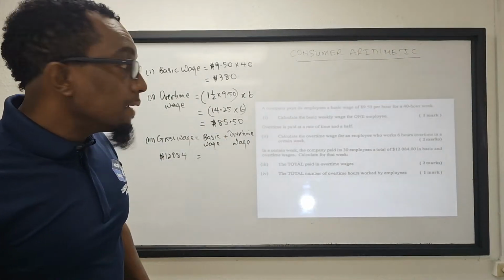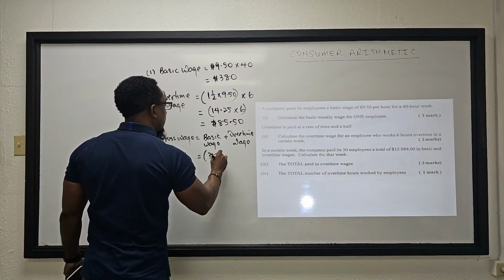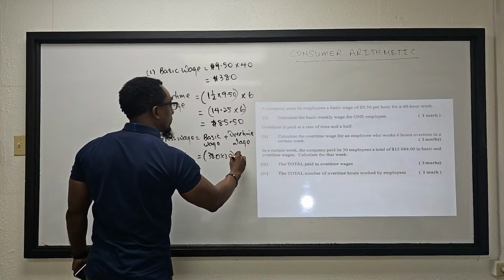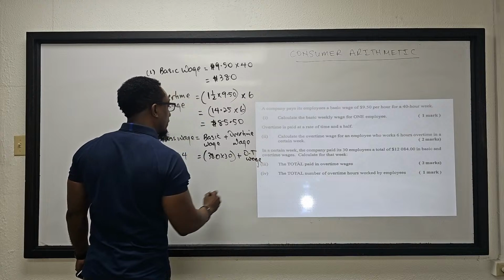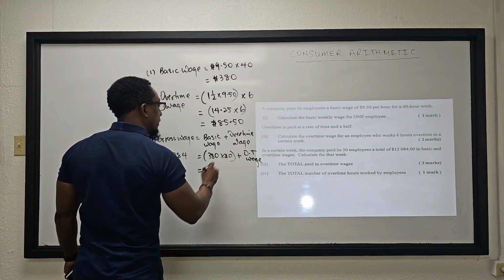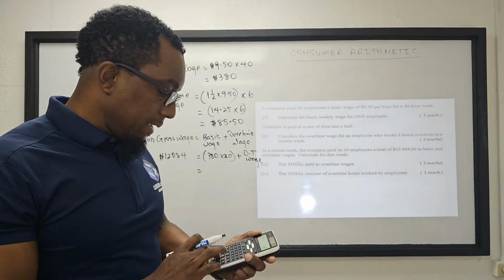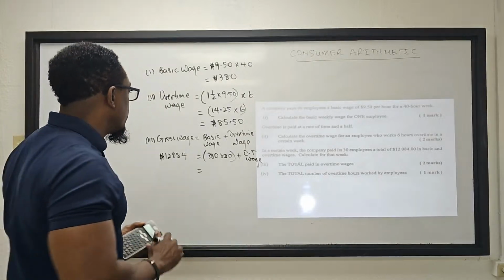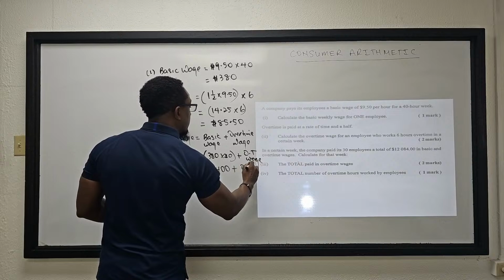So therefore for 30 employees, the basic wage will be $380 times 30 plus the overtime wage, right? So 380 times 30 will give us 11,400 plus the overtime wage.